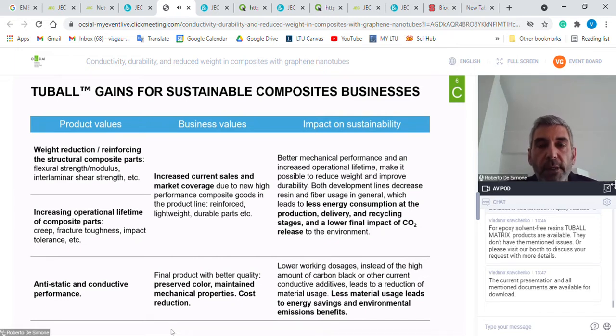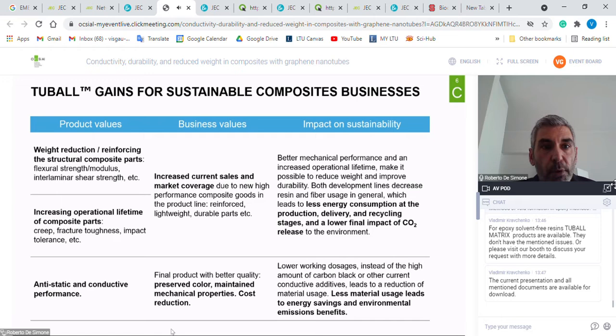Obviously, we talked so far about the main product values, the main benefits you can get using tubal. Above all, if we focus our attention on the mechanical properties, with tubal we are able to get a weight reduction and a reinforcement of the overall composite part.